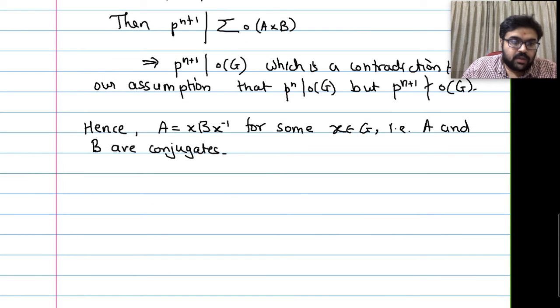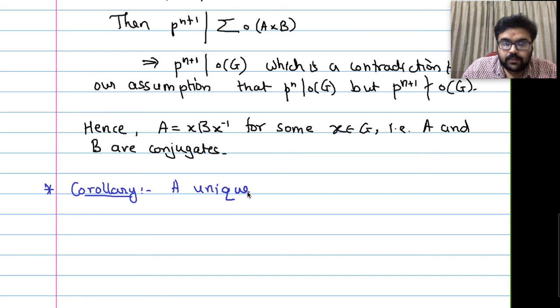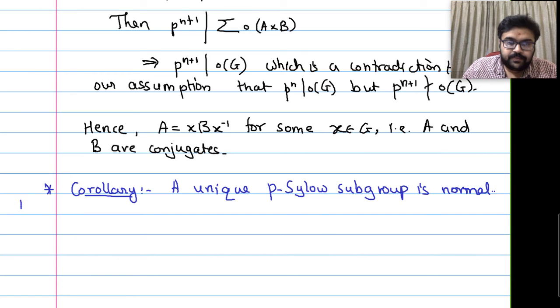Right? So as a corollary, we have a very important result, that a unique p-Sylow subgroup is normal. A unique p-Sylow subgroup is normal.